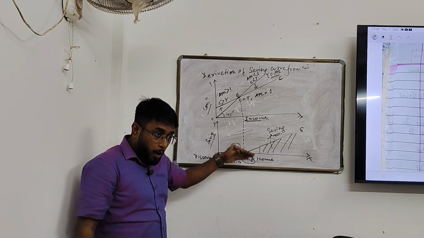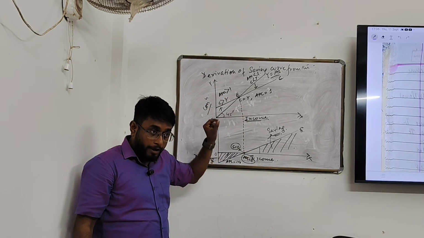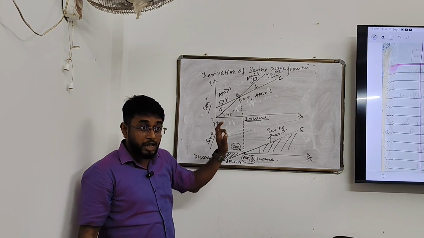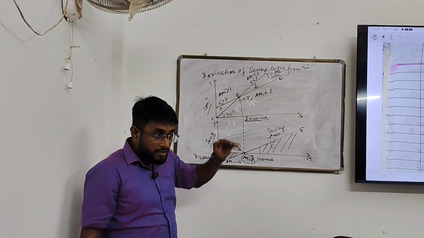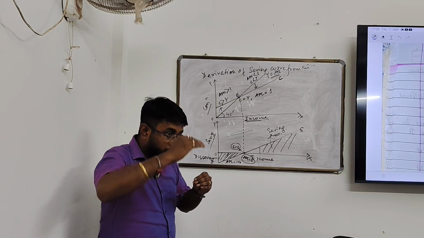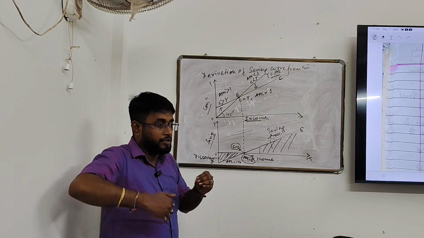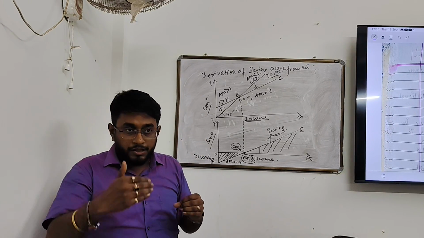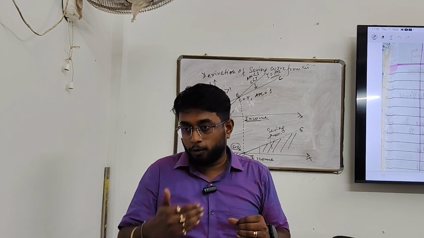Now the point where the savings curve touches the OX axis of the lower panel, at that point saving is 0. Once the savings curve extends beyond the 0 point, savings become positive, that is, saving generation starts in the economy.